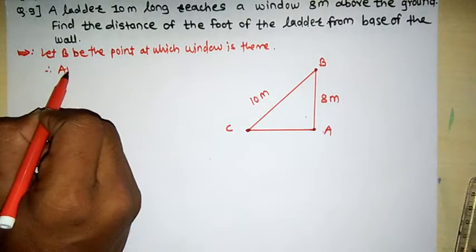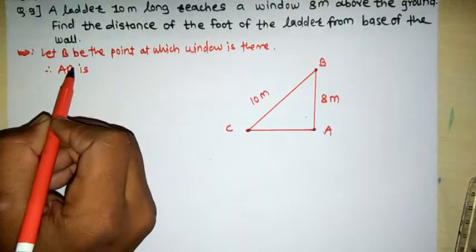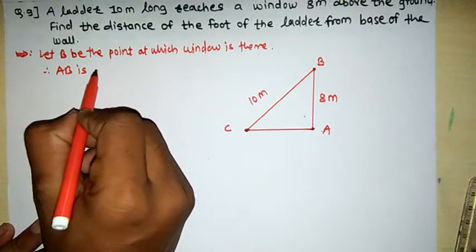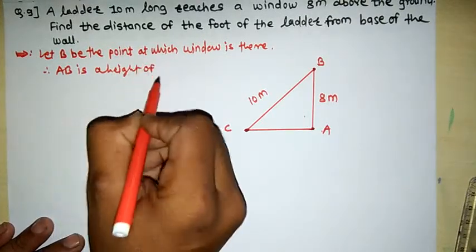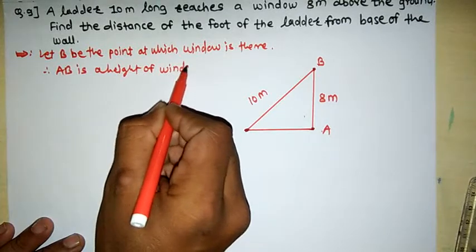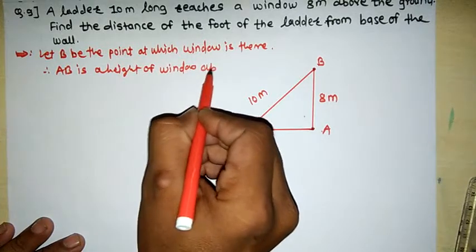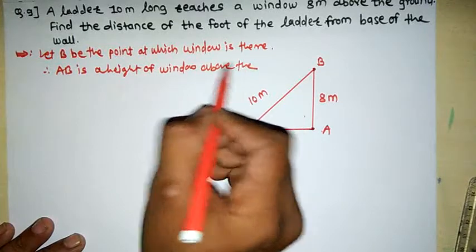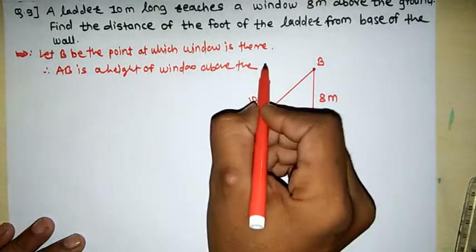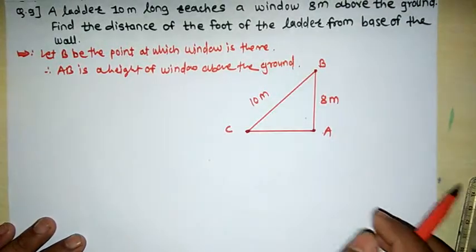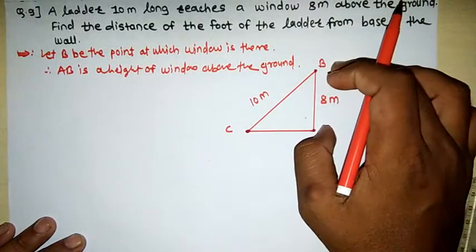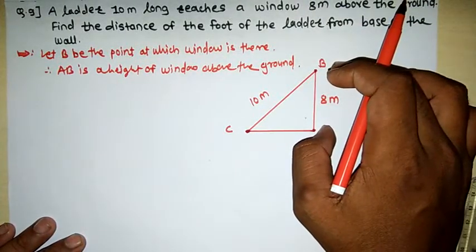Therefore, AB is the height of the window above the ground, that is 8 meter, it is given here.